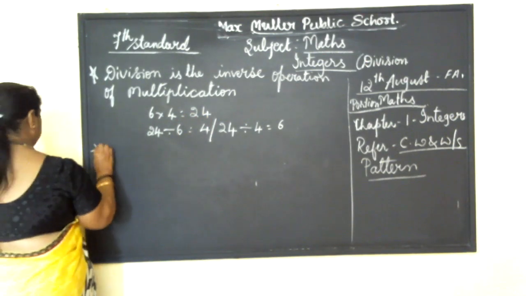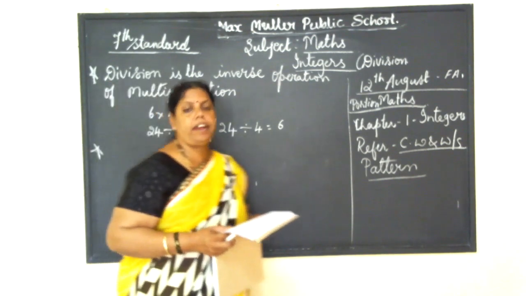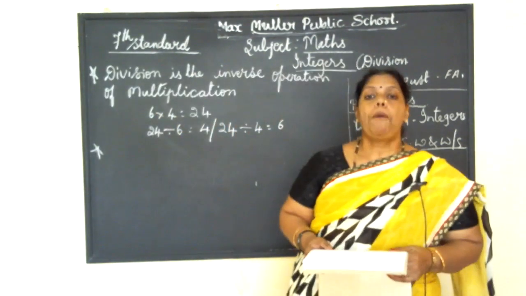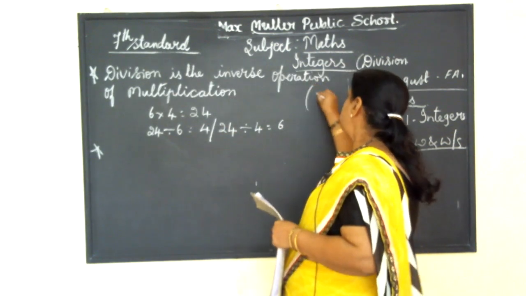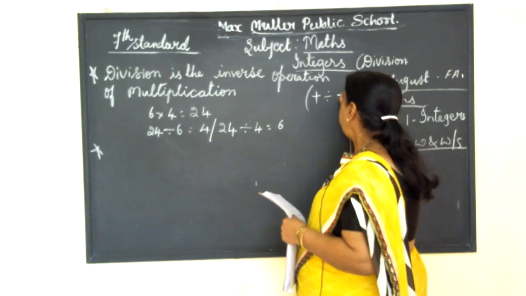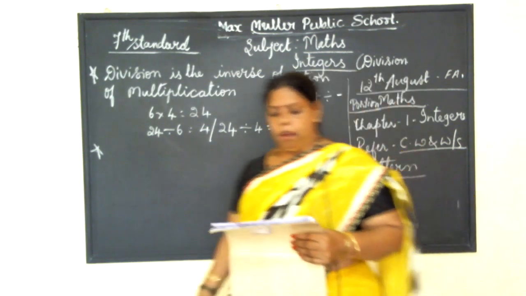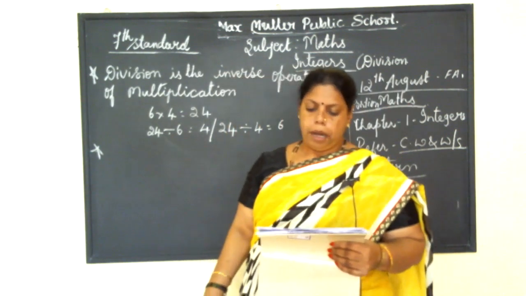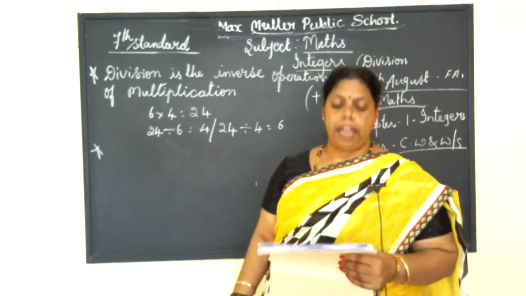So the next point is, when a positive integer is divided by a negative integer, or a negative integer is divided by a positive integer, the quotient will be negative.